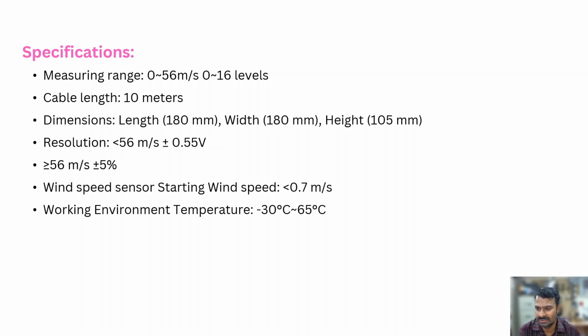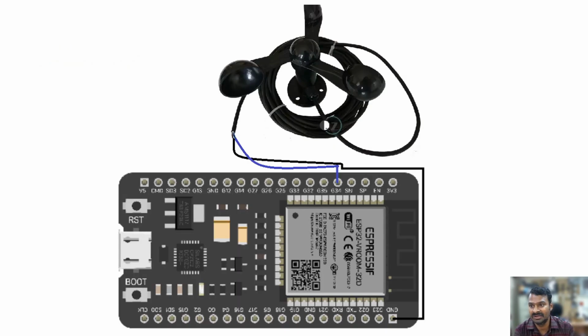So that is the resolution. And the wind speed sensor starting wind speed is 0.7 meter per second. That is the minimum speed required to start the cups rotating. And the working environment temperature can be minus 30 degrees Celsius to 65 degrees Celsius. So these are the specifications.